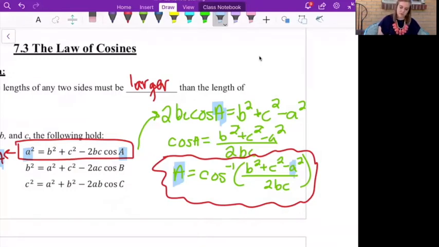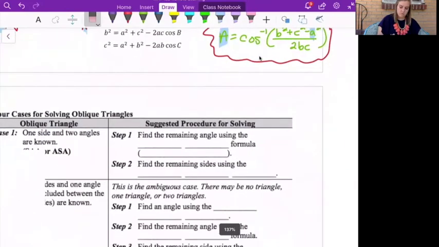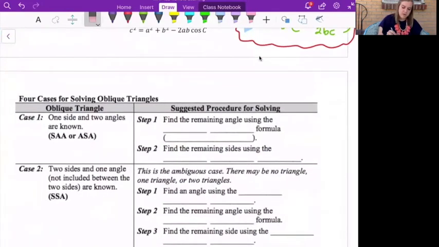Okay, so let's get to how we know when we use what. If we have our side angle angle or angle side angle, we are going to use our angle sum formula.